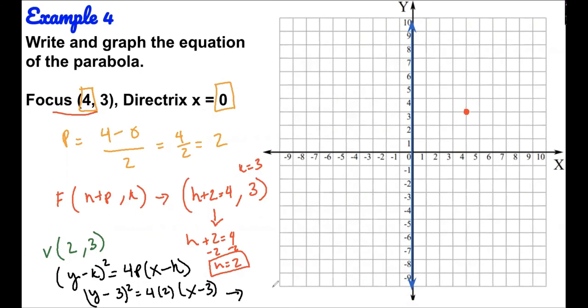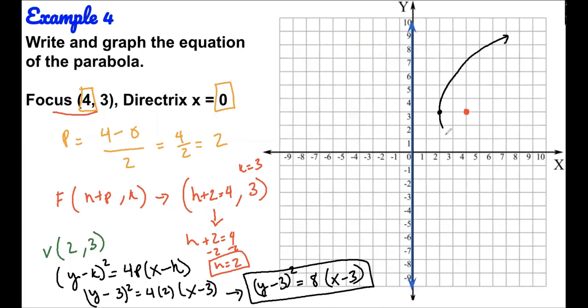We have (y minus 3) squared equals 8 times (x minus 2). And that's our equation. We can now graph our parabola, opening towards our right. I know my vertex is right here at (2, 3), and I can go this direction, and I can go the opposite direction.